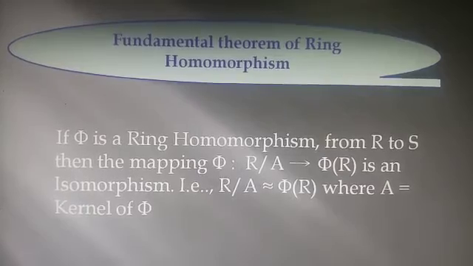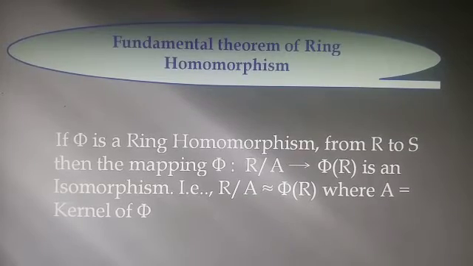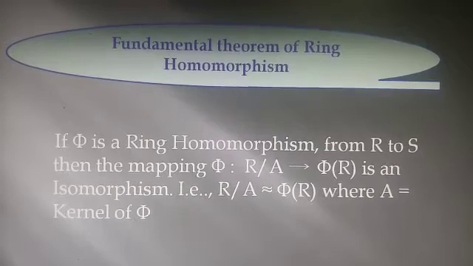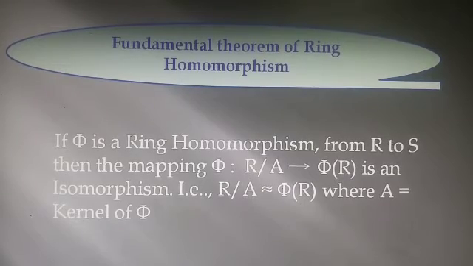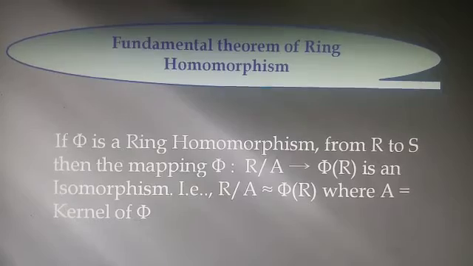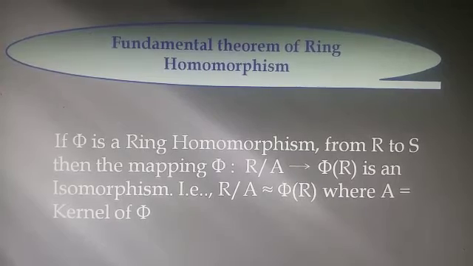Fundamental theorem of ring homomorphism, one of the important and named theorems. We also call this theorem the first isomorphism theorem. It states that if phi is a ring homomorphism from capital R to S, then the mapping phi from R by A to phi of R is an isomorphism.